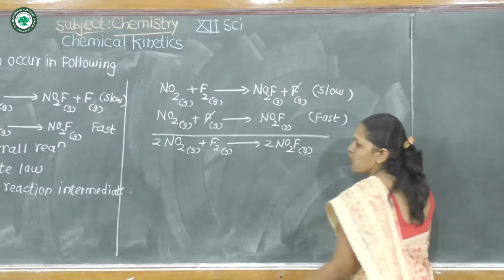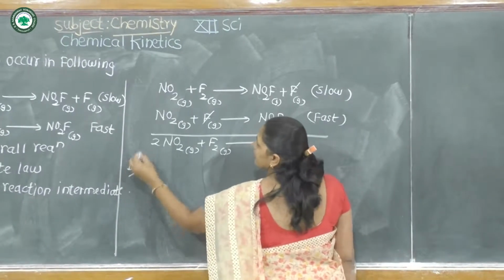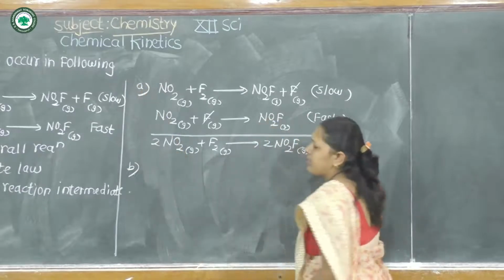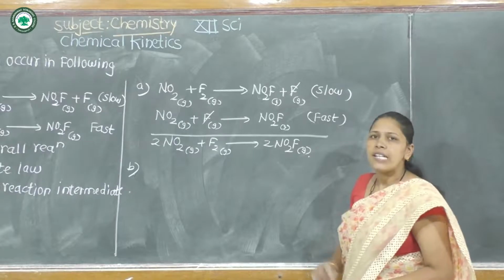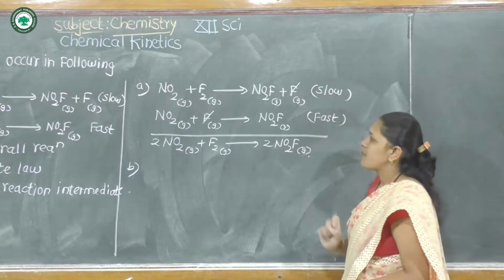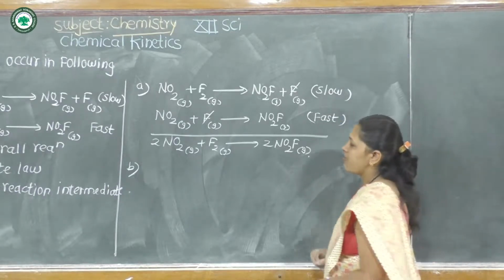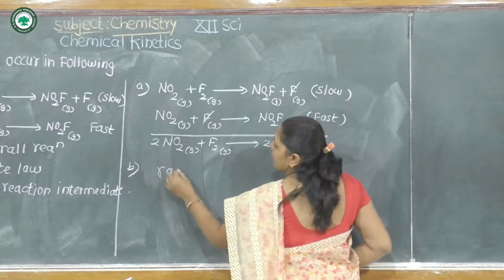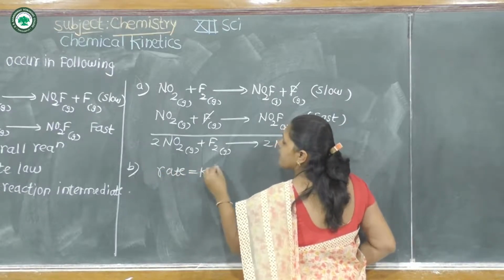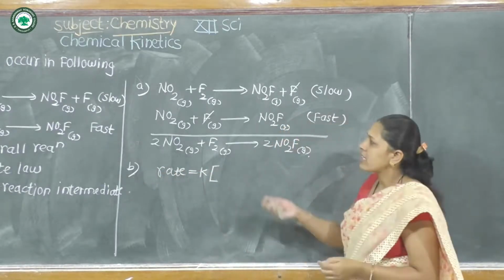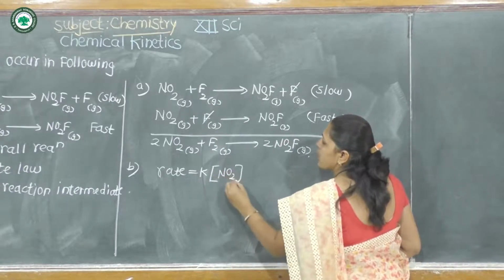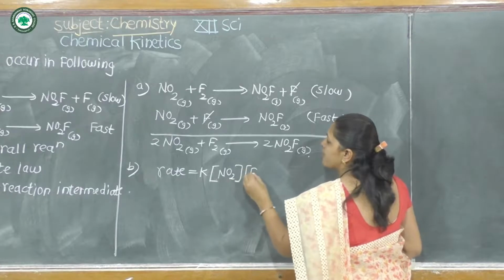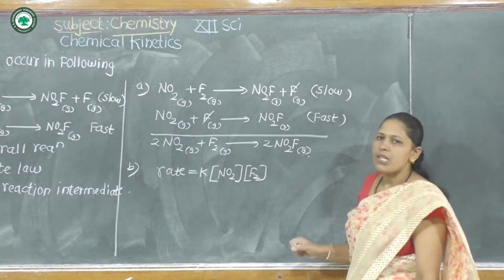Then write the rate law. This is the answer of A. Then the answer of B, the rate law. The rate law is determined from the slow step. The first step is the slow step. Therefore, rate is equal to rate constant multiplied by the reactants of the first step: concentration of NO2 raised to power 1 into concentration of fluorine raised to power 1.